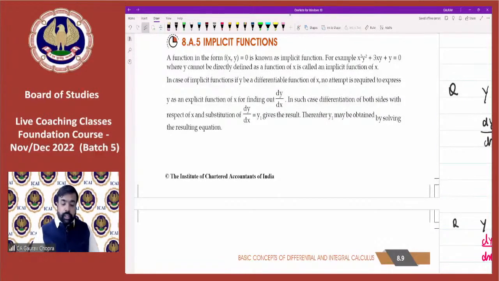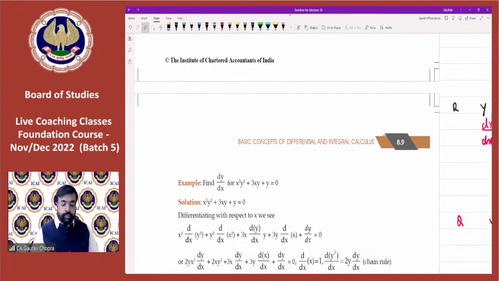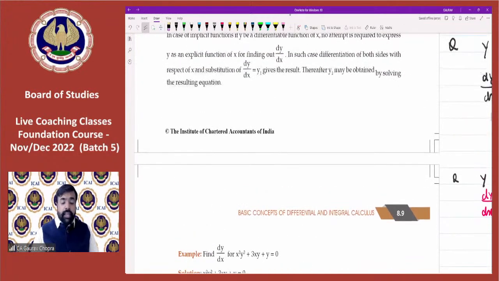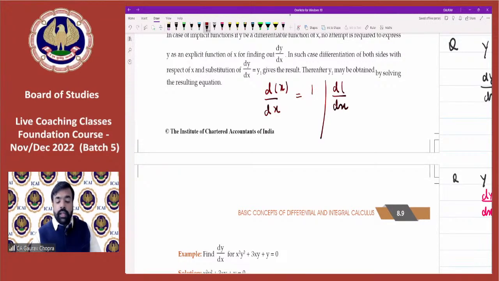Okay. So what we have to know here, that whenever we are talking about derivative, it is with respect to something. If we say, what is the derivative of x with respect to x? It is simply 1. Then what is derivative of x square with respect to x?